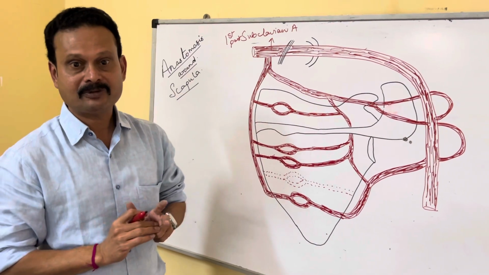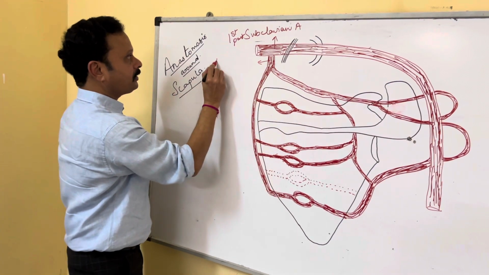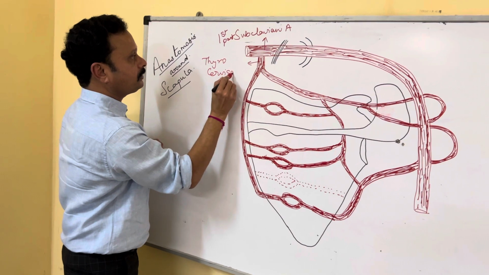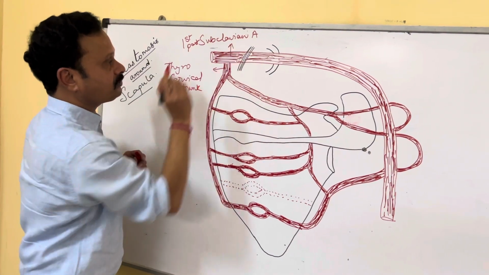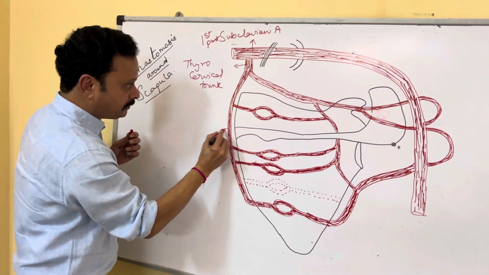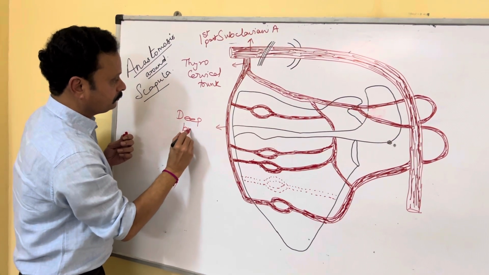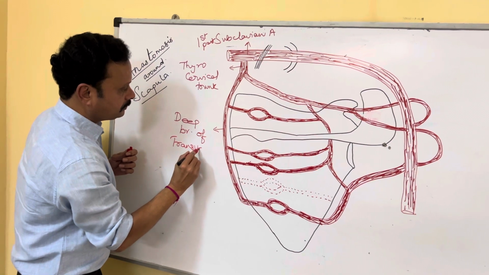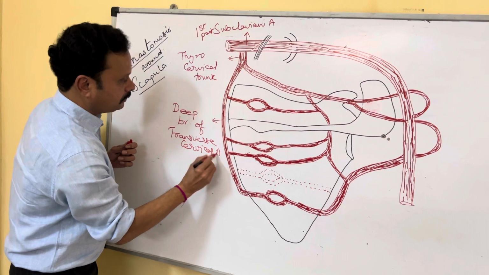And these anastomoses are: this is the thyrocervical trunk, a branch of the first part of the subclavian artery, giving rise to the deep branch of the transverse cervical artery.